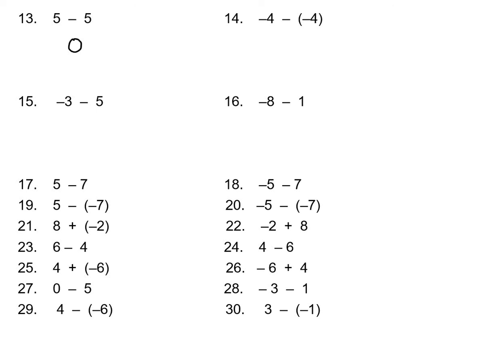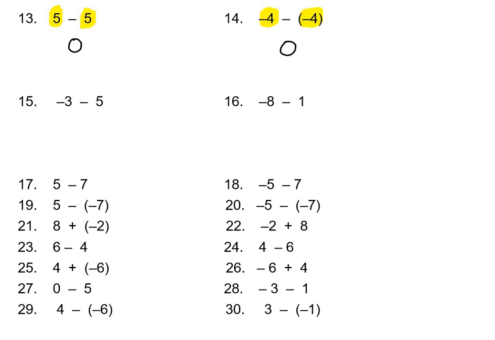I want you to understand that problem 14 is a lot like problem 13. You're starting with some number here, and then you're taking away that same number. And it doesn't matter whether the number is positive or negative. If you start with something and then take it away, your final answer is going to be 0.